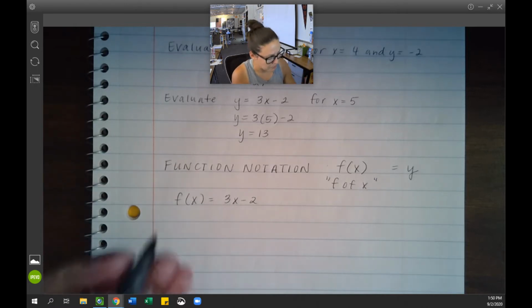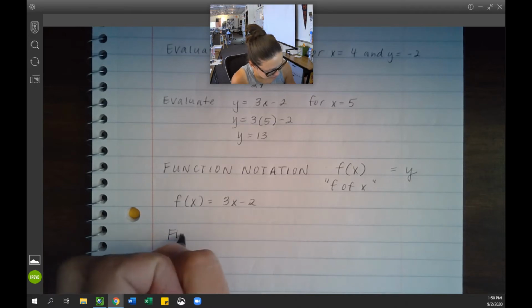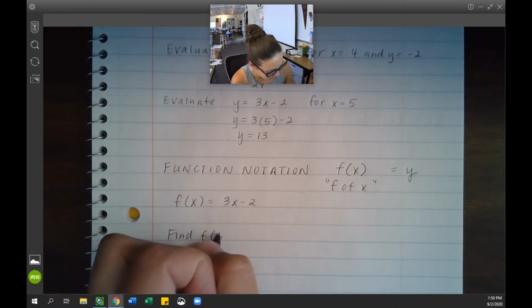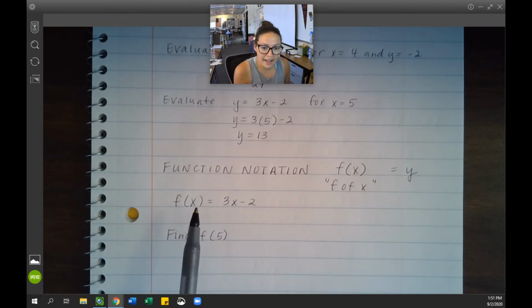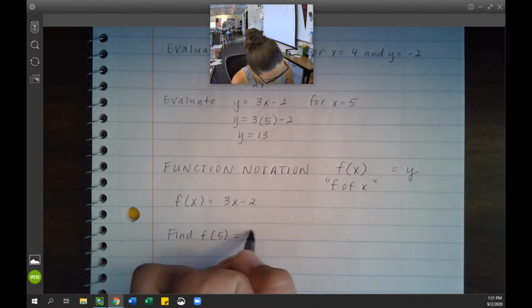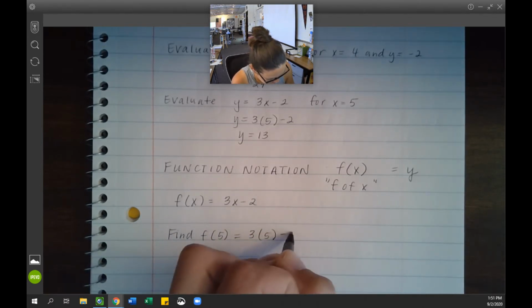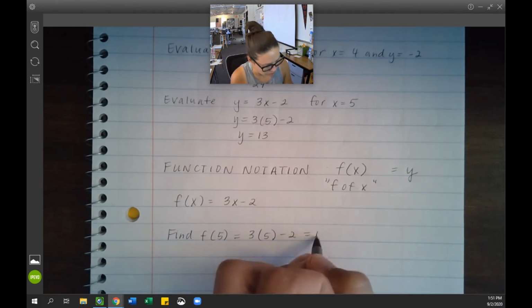So for example, I might say find f of 5. Well, 5 has replaced what? It's replaced x. That means everywhere in this equation, I'm going to change an x to 5. And just like we found before, we get 13.